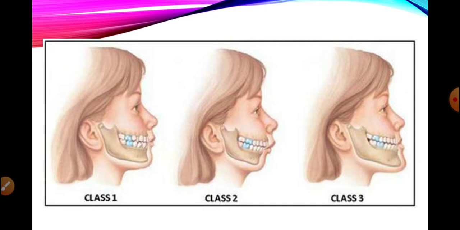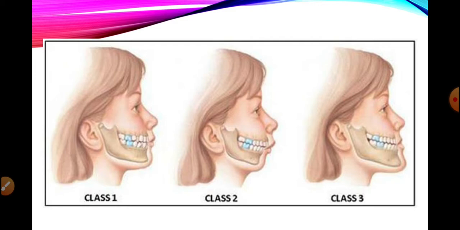When we talk about skeletal Class 3, the patients usually present with a concave facial profile, in which the mandibular jaw is ahead of the maxillary jaw. It may be because of retrognathism of the maxilla, that is the maxilla is short in the anteroposterior plane, or because of prognathism of the mandible, that is the mandible is forward or anteriorly placed, or a combination of both, maxillary retrognathism and mandibular prognathism.